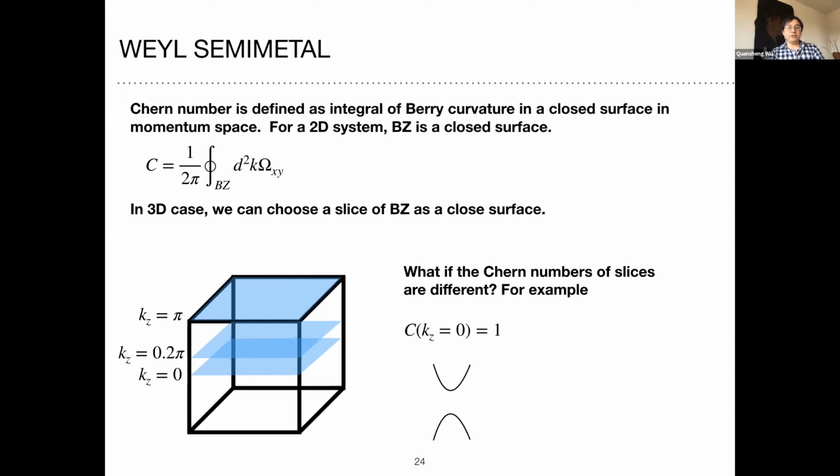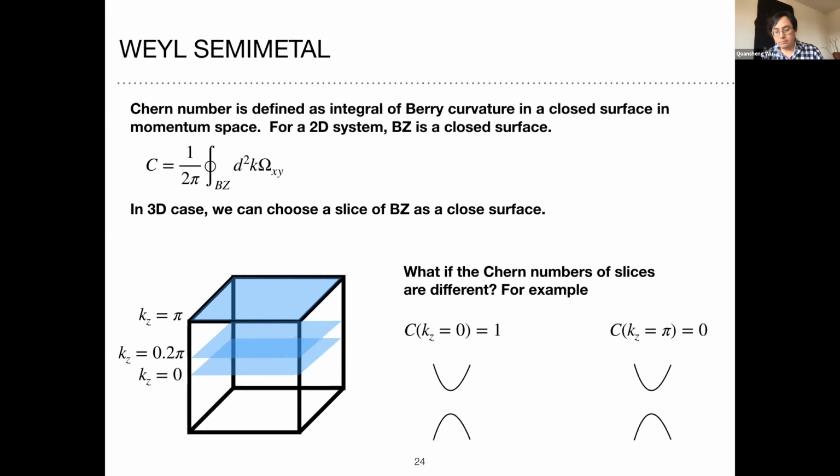For example, if the Chern number for kz equals 0 is 1, and for kz equals pi is 0, what will happen? Is it possible that this system is just gapless?